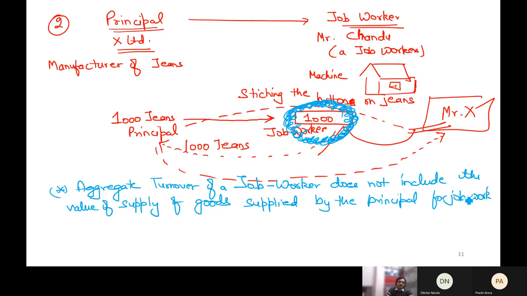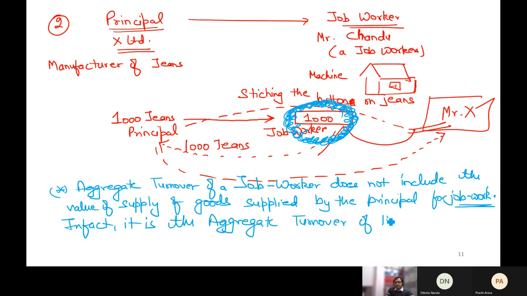Because as a job worker, I am not concerned about the cost of the jeans for job work. It is not included. In fact, it is the aggregate turnover of the principal.